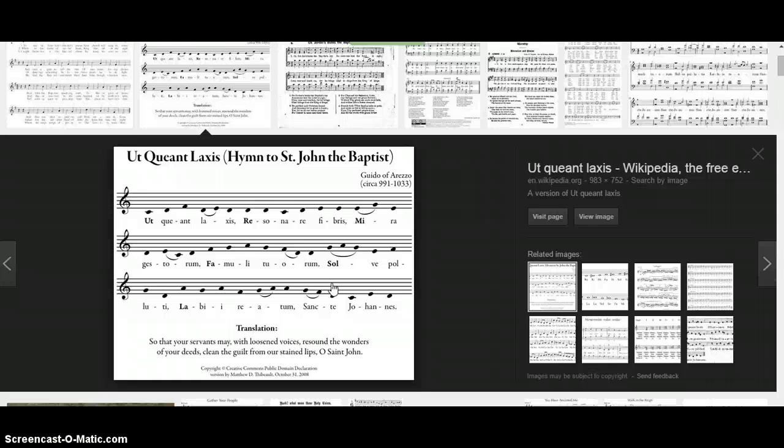So all of the music that was written down at the time of Guido, we know what it sounds like because he actually put it to sheet music. We have not changed anything in the way music sounds since the time of Guido. So this hymn can be sung exactly today the way Guido sang it way back in 1000 AD.